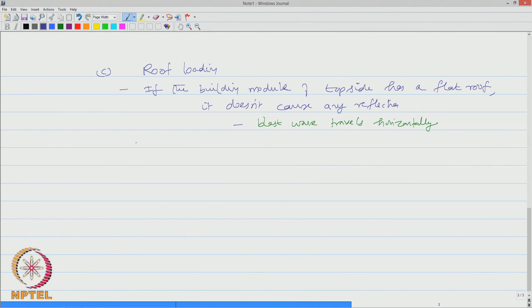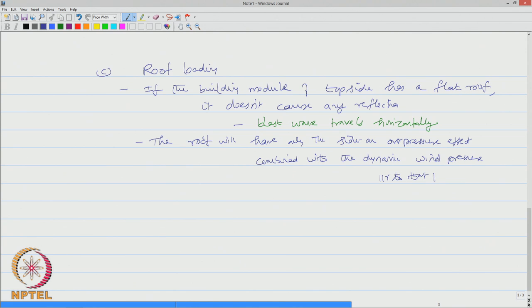Therefore, the roof will feel only the side-on overpressure effect, which will now be combined with the dynamic wind pressure. This will be more or less similar to that of the side walls.